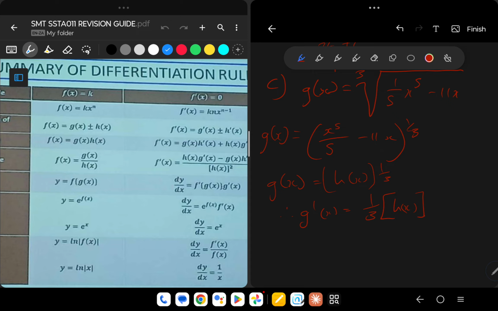And then you minus 1 from the 1 over 3. And then you multiply by the derivative of the inside, which is just going to be h prime of x. That's how you deal with functions of this kind. You apply this if you see that you have a function inside a function. That's why you get to apply the chain rule. So now let's see how we're going to apply this.